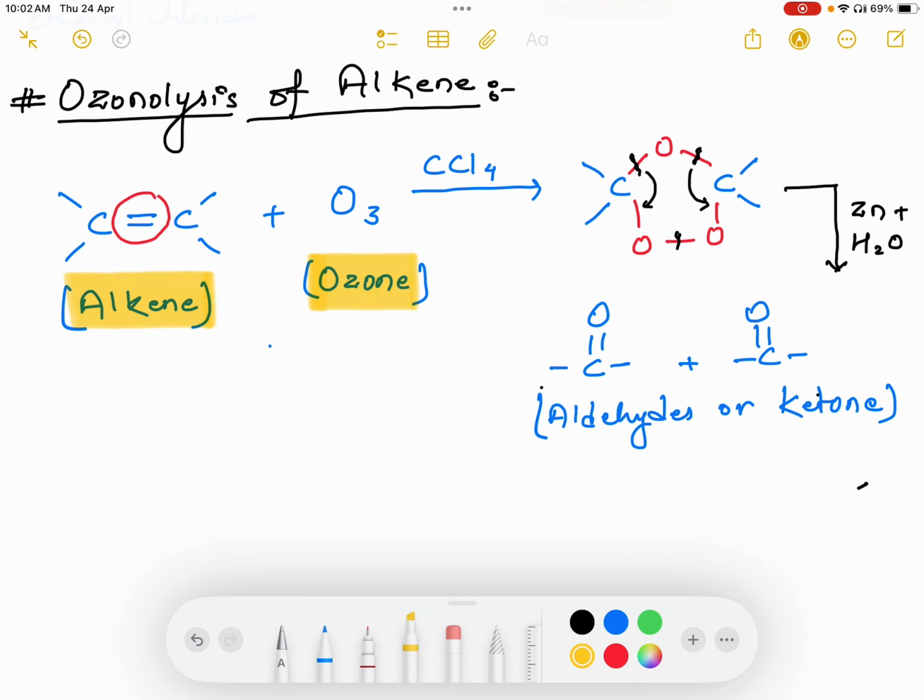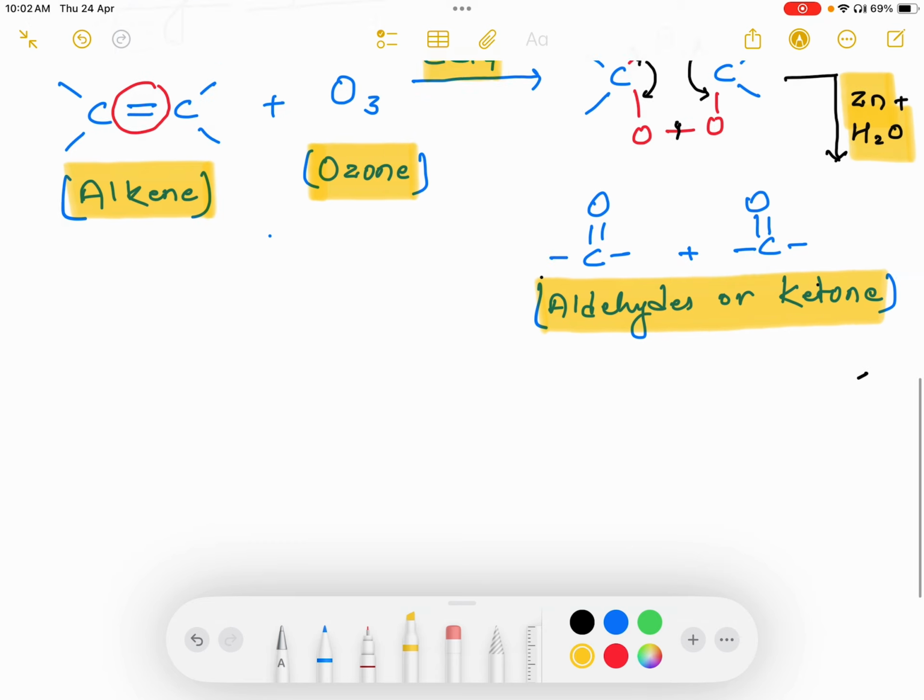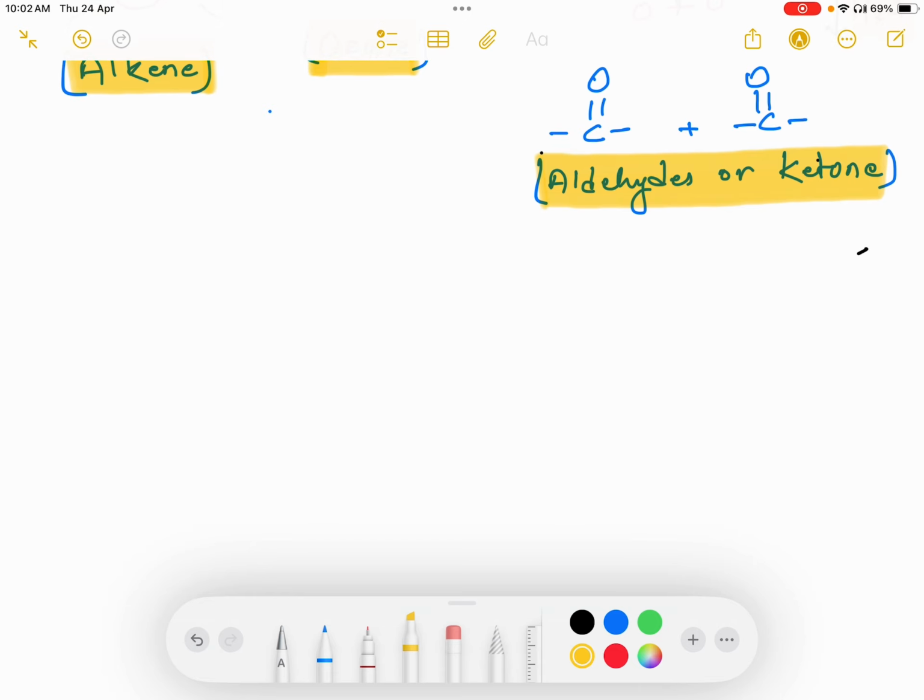We get an ozonide intermediate, which is further treated with zinc dust and water to form aldehyde or ketone. Either both aldehyde groups will be formed, or both ketone groups will be formed, or one aldehyde and one ketone will form. Let me explain all this with the help of some examples.